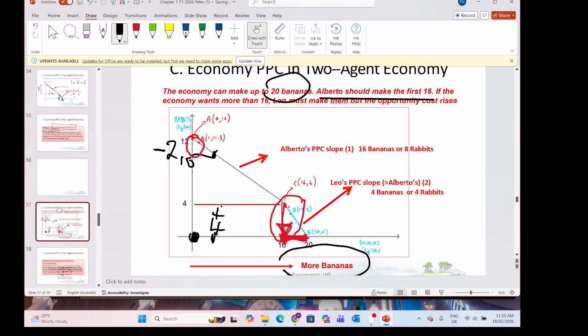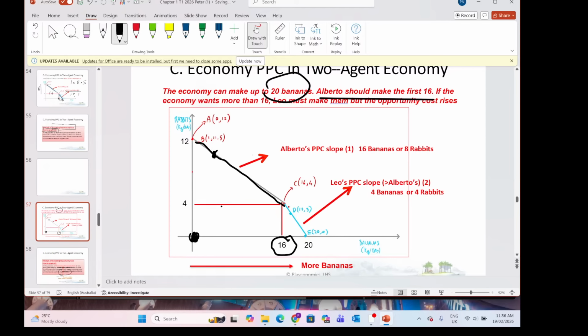So let's go back to the previous slide. I'll clean all this up and we'll show you what we mean. Alberto can make up to 16 units of bananas. This economy can choose any number of bananas between 16 and 20. It could choose 12 bananas. What number is that?